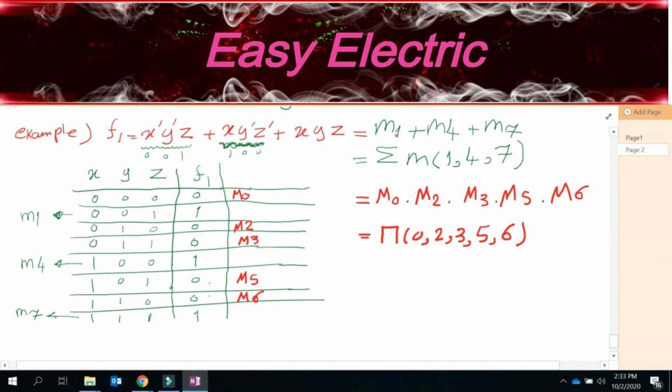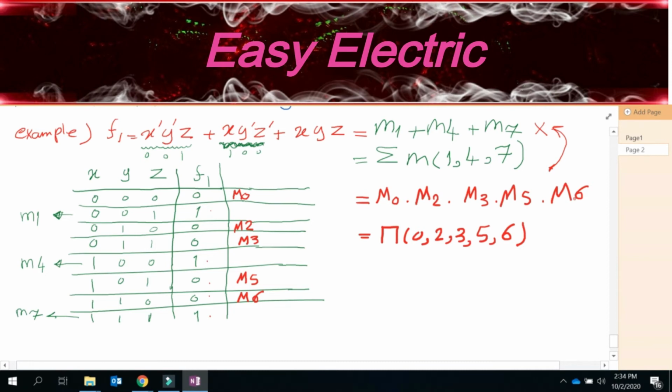So for the sum of the minterms, they are the minterms where the function is 1, which you see are 1, 4, and 7, and the max terms are those where the function is 0, which are 0, 2, 3, 5, and 6. So even when you have one form, you could write the second form. How? Here you have 1, 4, 7, so the max terms should be the numbers that are not here, which are 0, 2, 3, 5, and 6.